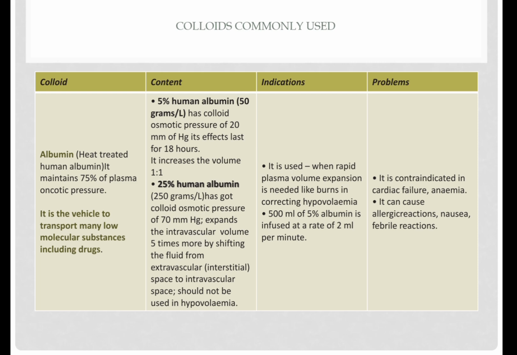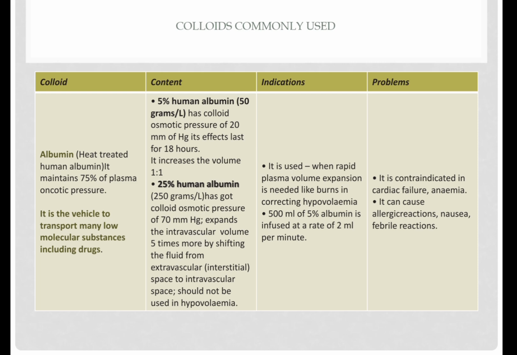If we transfuse 5% albumin, which contains 50 grams, its effects remain 18 hours, and it increases the volume in a 1:1 ratio. While 25% human albumin contains 250 grams of albumin per liter.